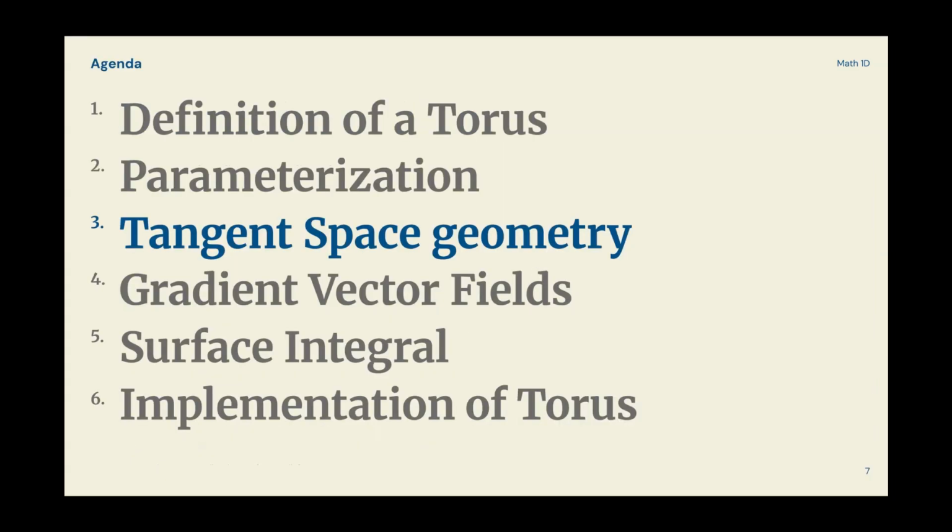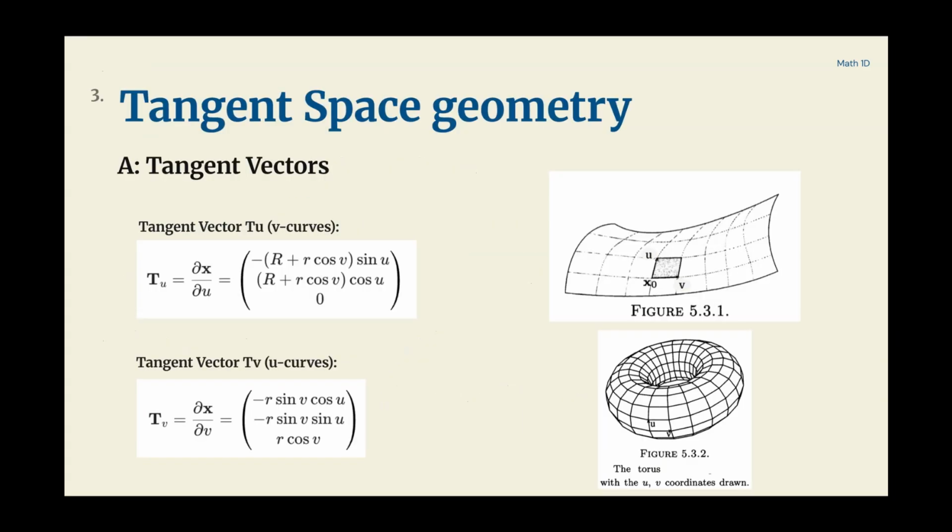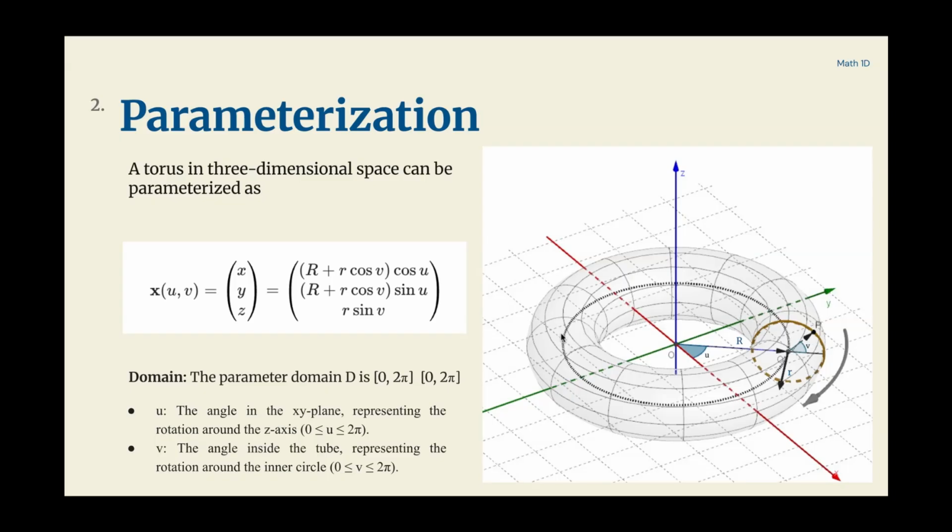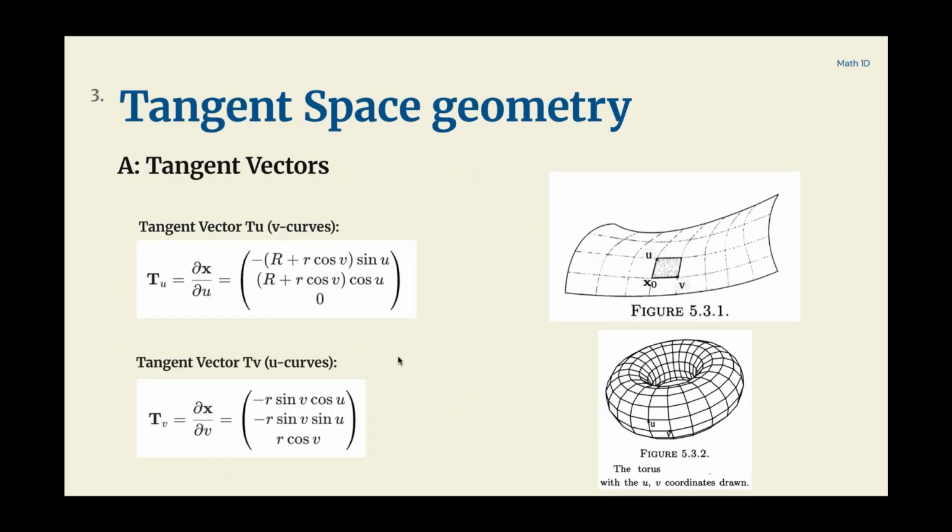Now we go to the tangent space geometry. We're going to talk about tangent vectors first. We begin by taking the first derivative of the function we just got, the partial derivative of this function with respect to u and with respect to v.